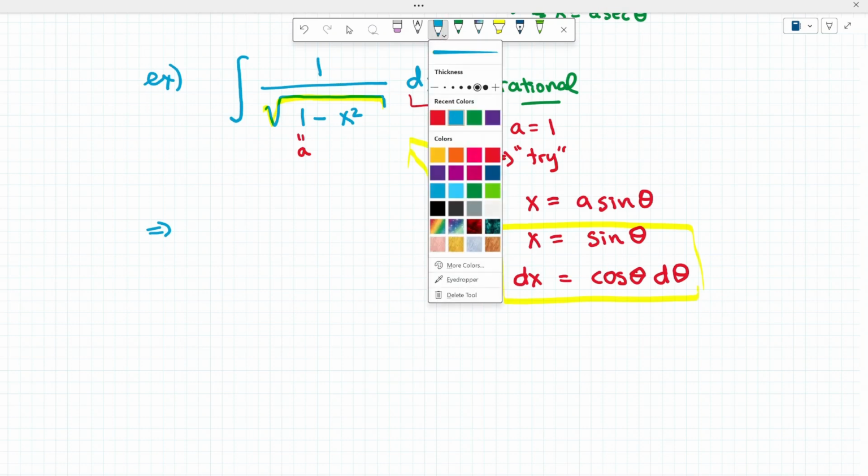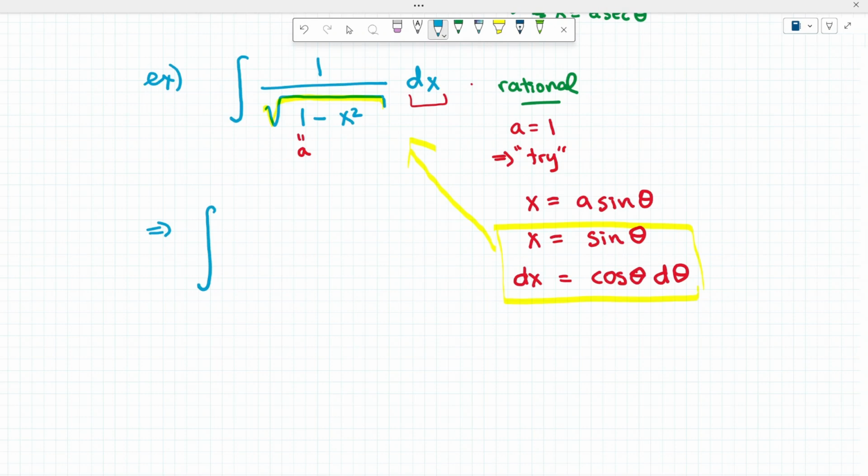So as a result, we have the integral of 1 over the square root of 1 minus sine squared theta, and then we have to multiply this by our dx value, which equals cos theta d theta.